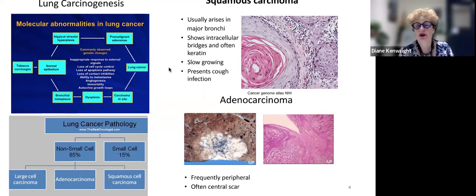I'm sure you remember the key words for squamous cell carcinoma. It's a central carcinoma arising from the metaplasia, and it shows intercellular bridges and keratin, and often presents with a cough or infection, whereas adenocarcinoma, arising from the pre-malignant adenomas, is most often a peripheral type cancer, and it is often associated with a central scar on radiology.